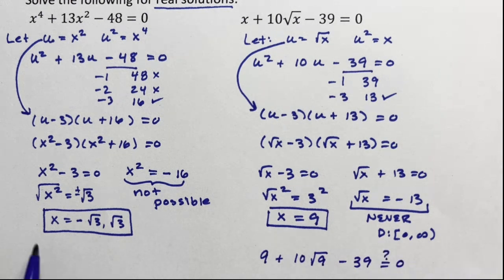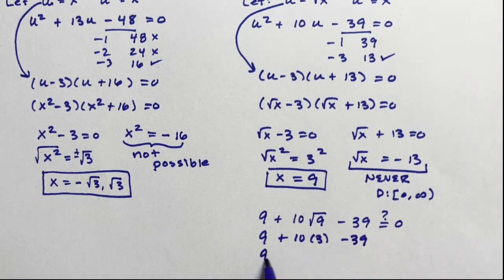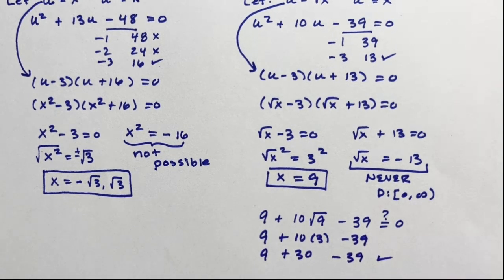It's not a bad idea to check it for all of them, but with square roots, I'm always doubly cautious. 9 plus 10 times 3 minus 39. This is 9 plus 30, that's 39, minus 39. That works. So with square roots, it's always doubly, quadruply good to check your answers.